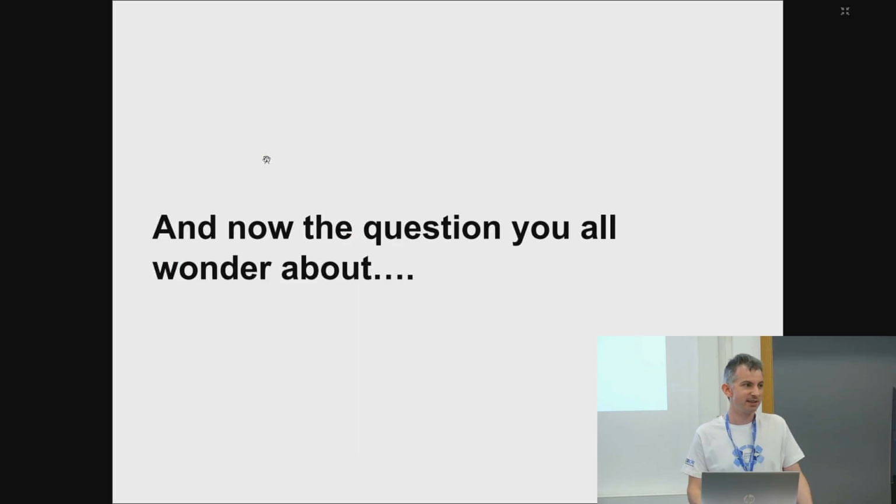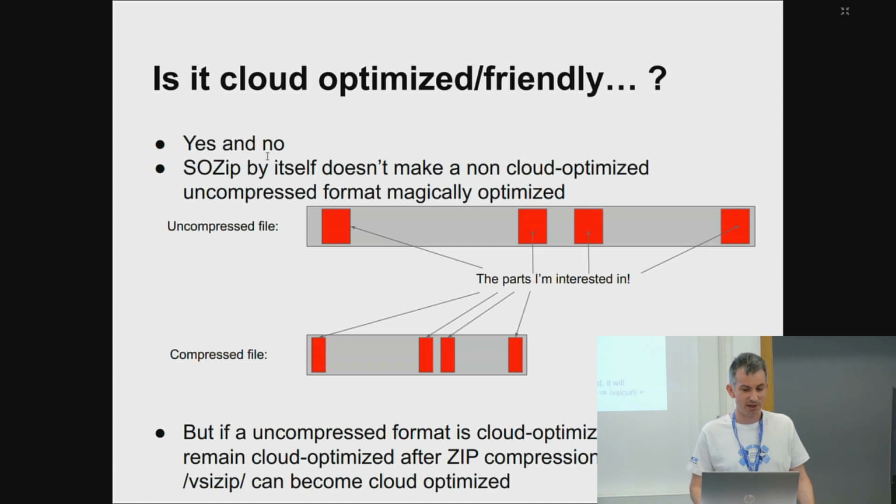And I guess you might have a question in mind: is SOZip cloud optimized? Well, there is not a clear yes or no answer to that. SOZip by itself doesn't transform a file format into a cloud-friendly one if it was not already cloud-friendly.